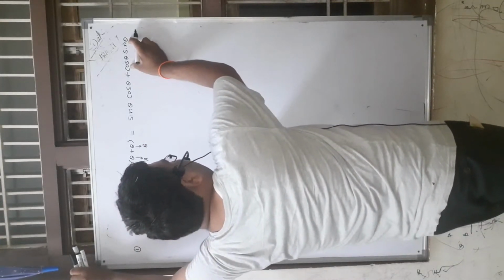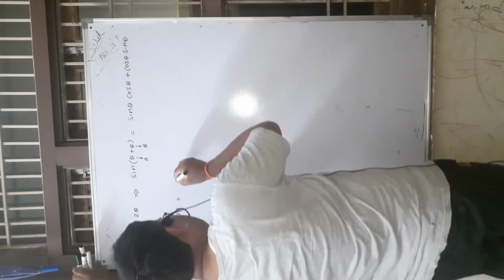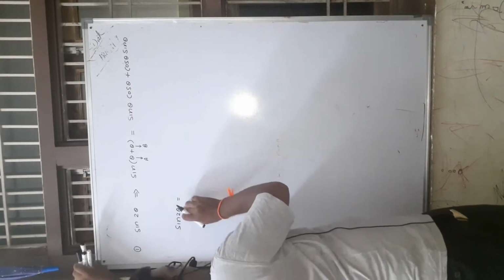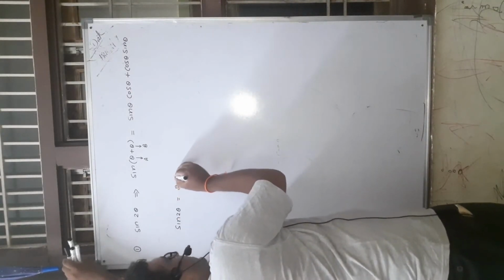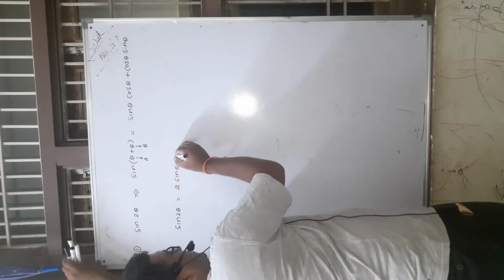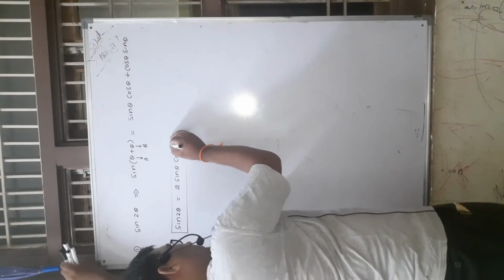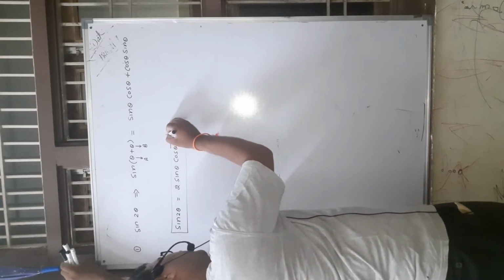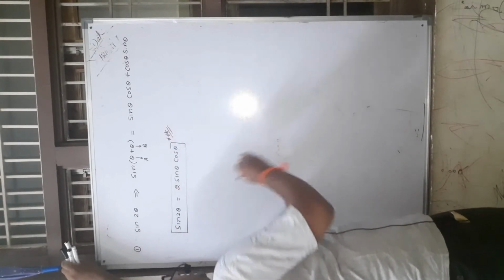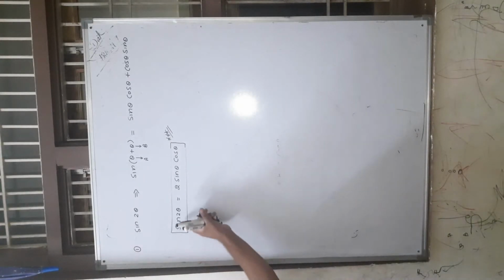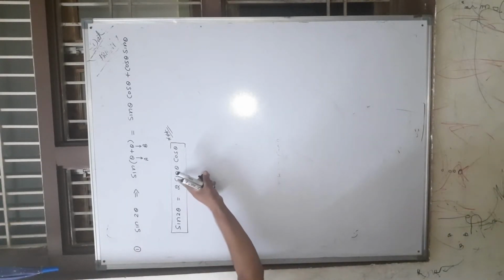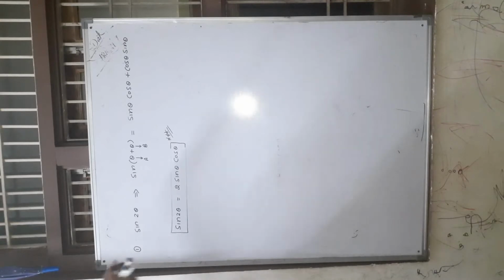This term comes two times, so it can be written as 2 sin theta cos theta. This is the basic formula for sin 2 theta. Always remember this formula; it is very important from the physics point of view. Sin 2 theta is equal to 2 sin theta cos theta.